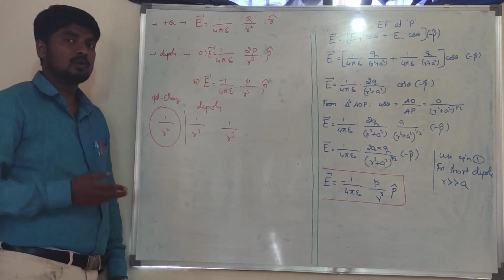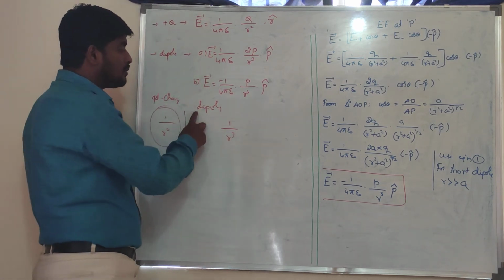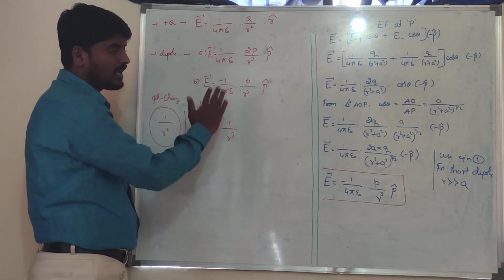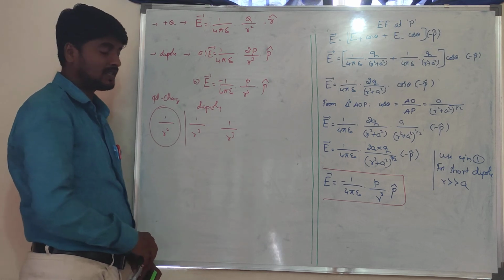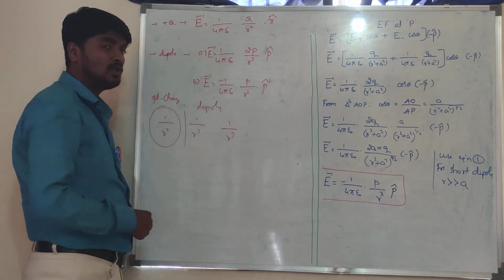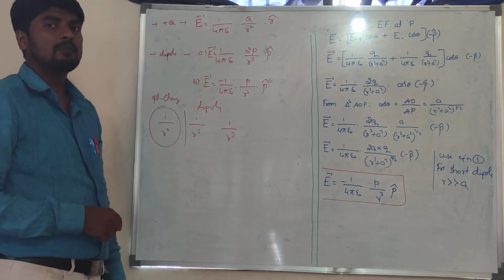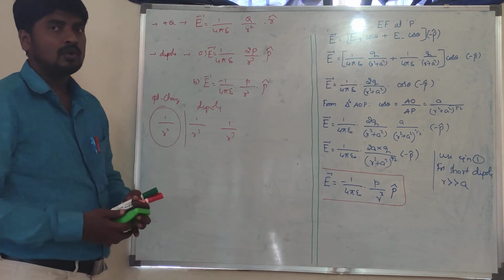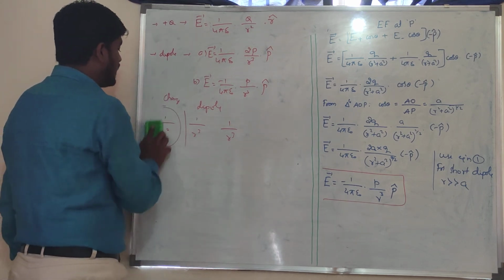But if it comes to the dipole, it varies as the cube of the distance. In both cases it is 1 by r cube, so that is why it varies as 1 by r cube, that is, the cube of the distance between the point P and the center of the electric dipole.